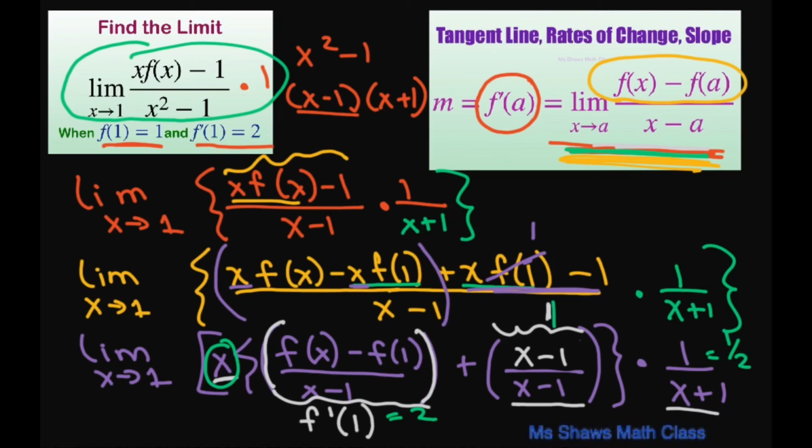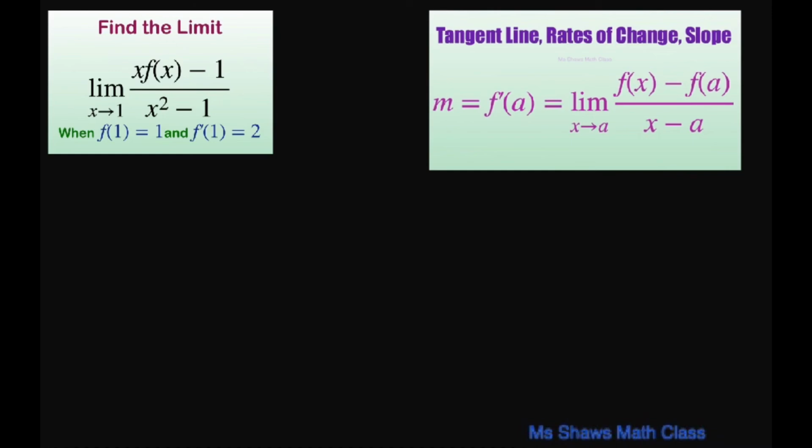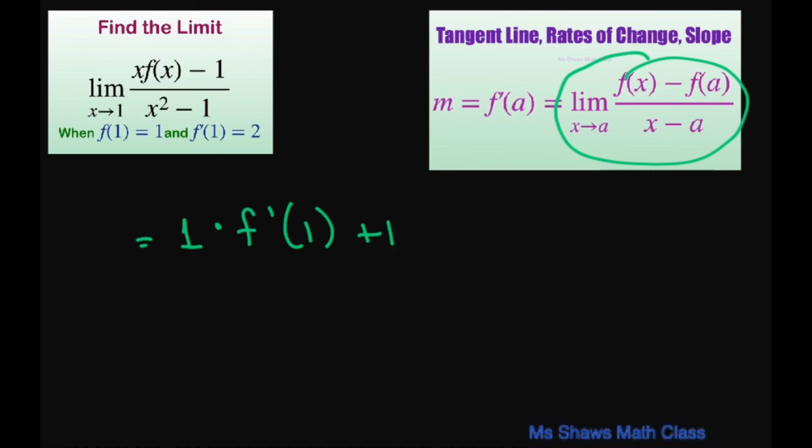We're applying the limit now, substituting in 1. So that's going to give me 1 times f prime of 1. That was that whole big quantity there that we made look like this. And then we have the plus 1, that was your x minus 1 divided by x minus 1 part.